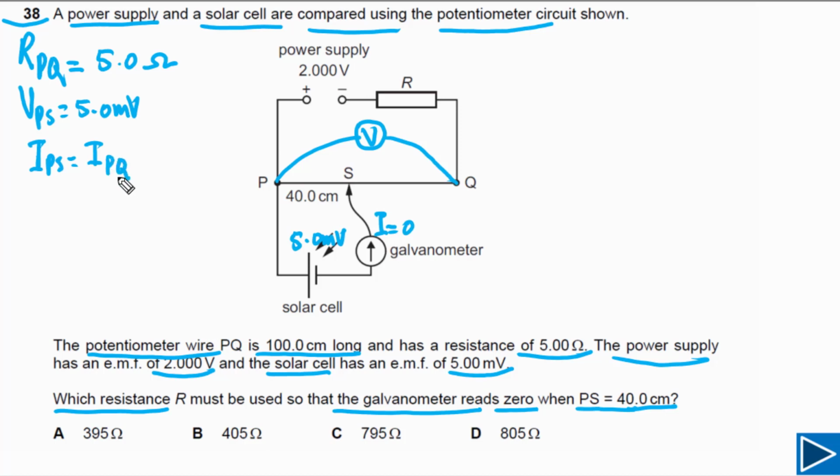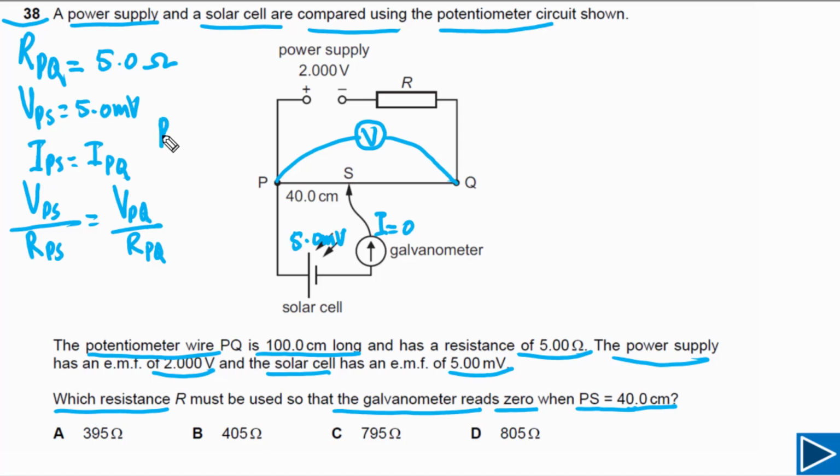So this is the main concept. Now we can say that the potential difference across PS divided by the resistance of PS, means RPS, has to be equal to the potential difference across PQ divided by the resistance of PQ. In this case, we are talking about PS and PQ, the same wire.